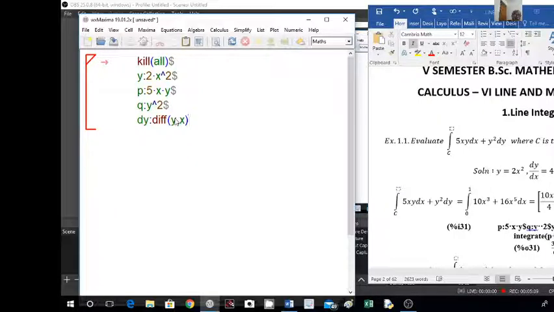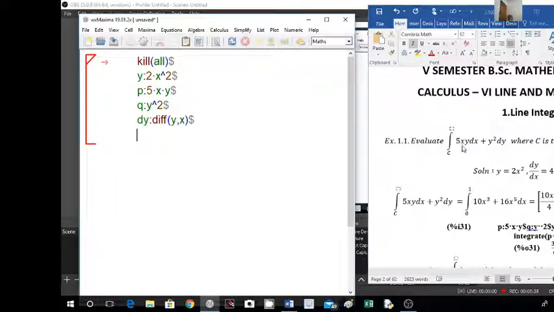Again put a dollar sign here. Next we have to integrate. What to integrate? Here I have to write P dx plus Q dy. So dy I am converting in terms of dx, which means I have to write this dy as diff(y,x), already calculated here.